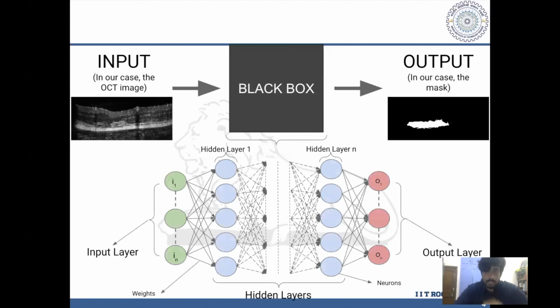What this black box consists of is a set of computationally heavy equations and transformatory matrices, which when applied on the input layer, somehow transform the input into the output, which in our case both are images, right? These sets of equations are obtained after heavy amounts of training and after feeding in a lot of training data, which is provided for the project. So the whole project was essentially finding these sets of equations through training.